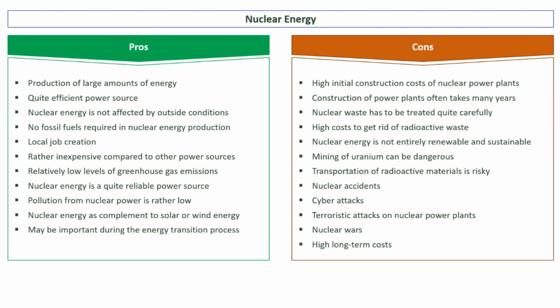The issues with it would be more along the lines of some of these bottom ones. Nuclear energy allows for the production of nuclear weapons. So if you've got a nuclear energy system, you're typically also going to have the ability to produce nuclear weapons, which can be an issue, of course.